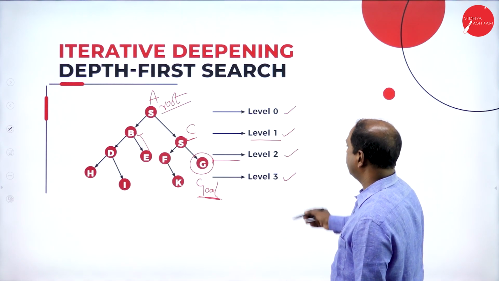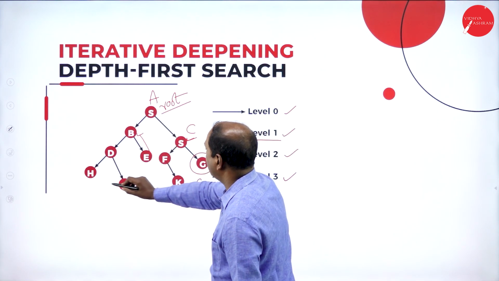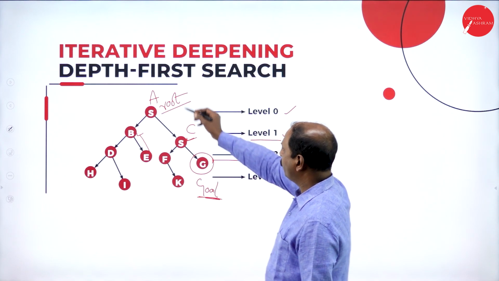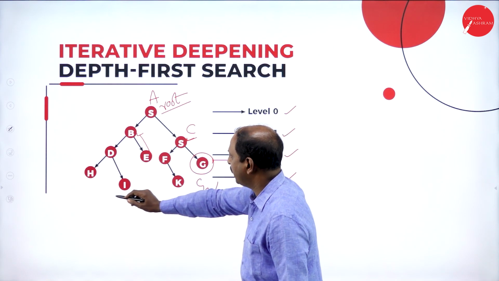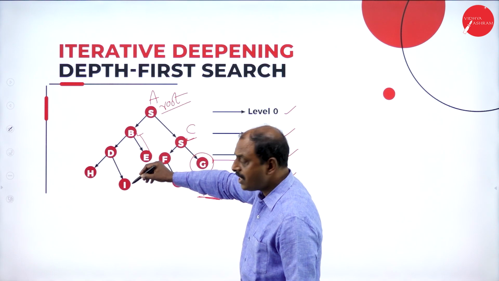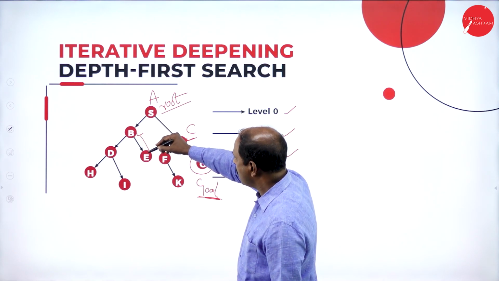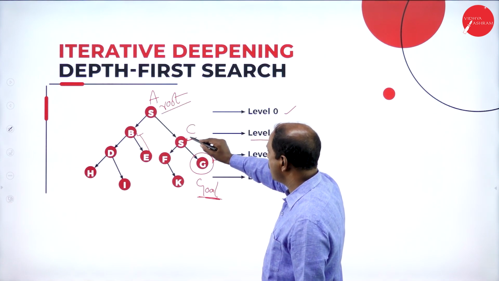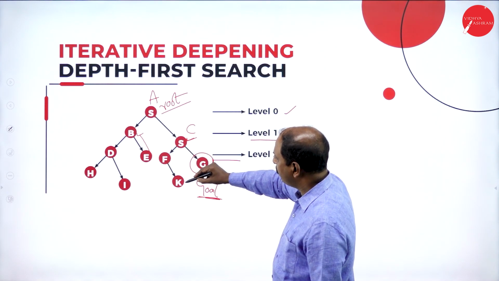Now look at the next level, that is level 3. We will have another level with different nodes here. How is it going to traverse? Start with A, B, D, and the next level is H. Again from H, backtracking to I, backtracking to B, B to E, backtracking to S, again to C, C to F, F to K, and again backtracking.